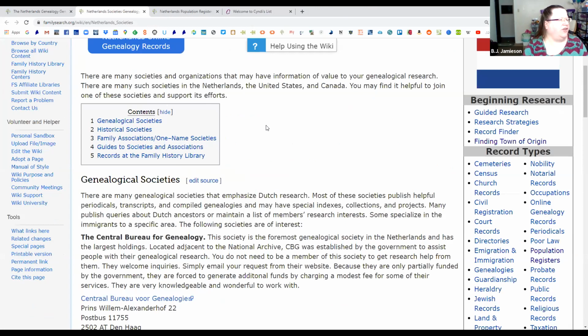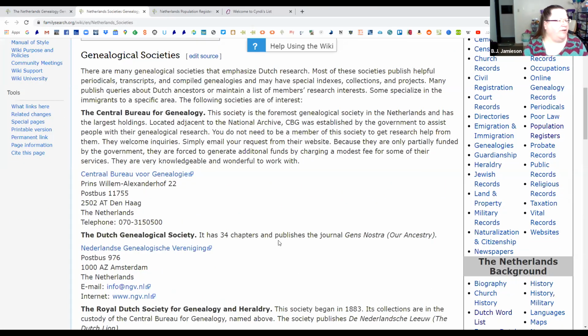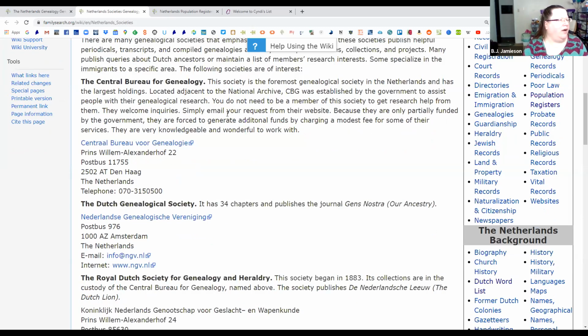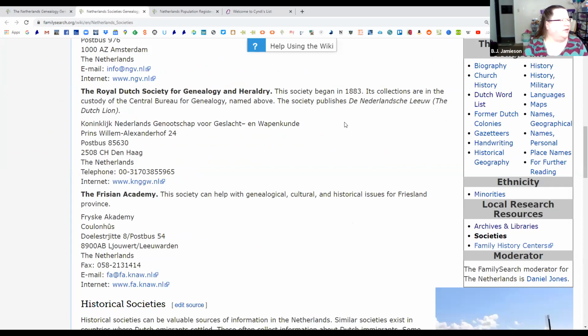And this gets us to genealogical societies. There are a couple big ones. And they tell you, this one does have some fees, gives you the address and the website.